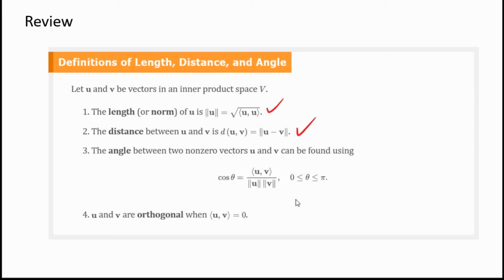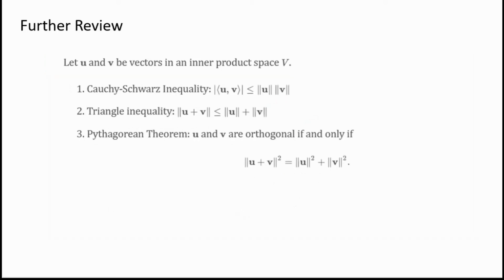The angle between two non-zero vectors u and v can be found as the cosine, and we've talked about that. And then four, two vectors are orthogonal when their inner product is 0. Further review: we talked about the Cauchy-Schwarz inequality, the triangle inequality, and then the Pythagorean theorem.